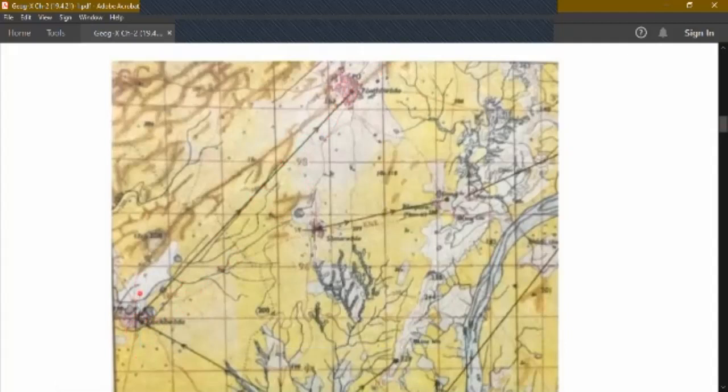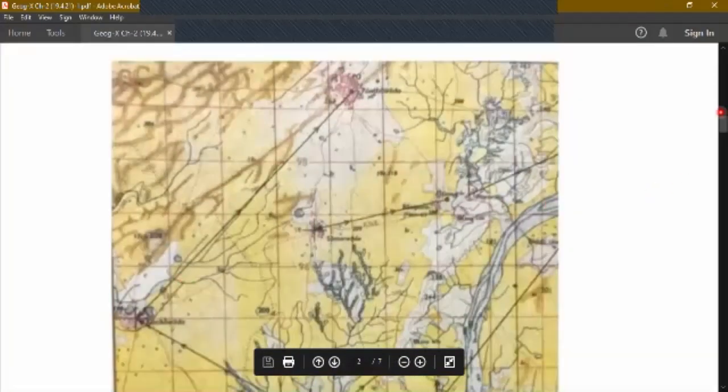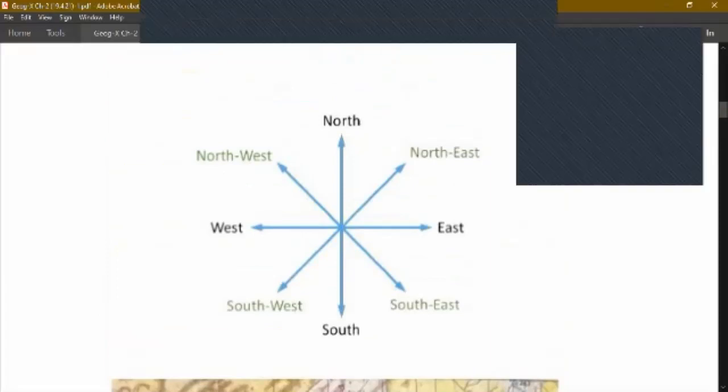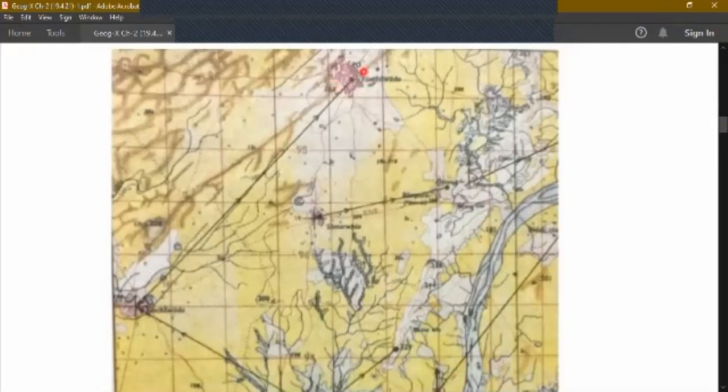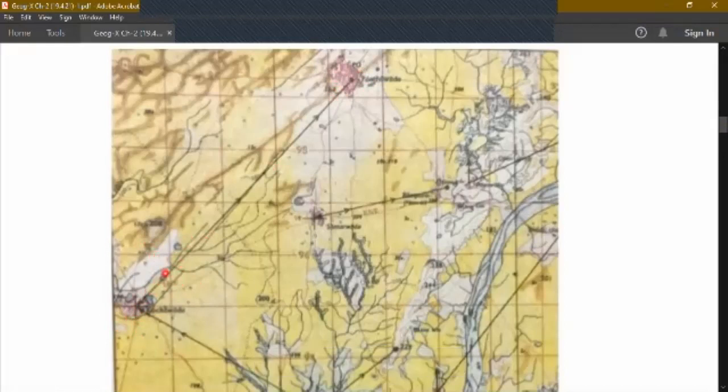That's why we imagine the cardinal directions at Kuchawada. So Panthwada lies to the northeast from Kuchawada. This is how we can find out the compass direction of any two places.